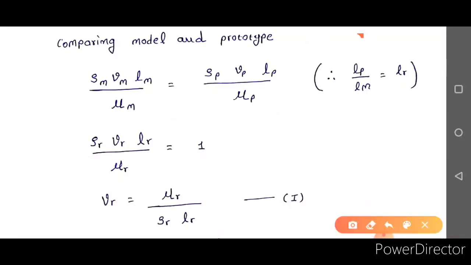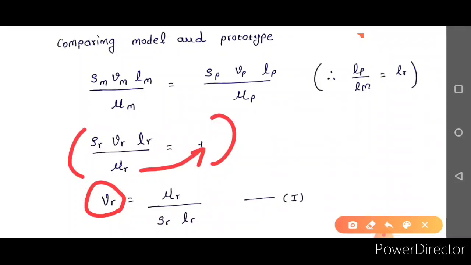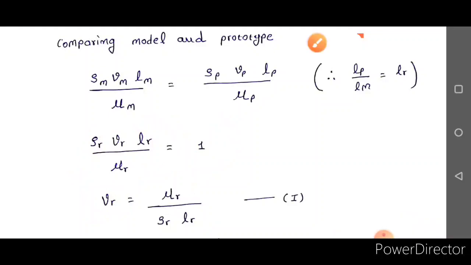So from this equation I conclude the equation of v r, which is nothing but mu r at the numerator side and rho r and L r at the denominator side.